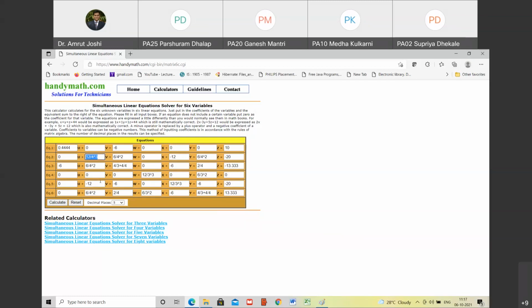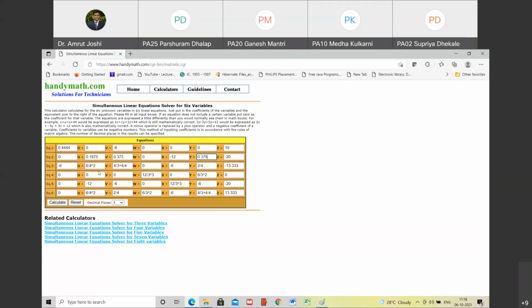How much it is? 0.1875. 6 by 4 square? 0.375. Right? Yes, 0.375.